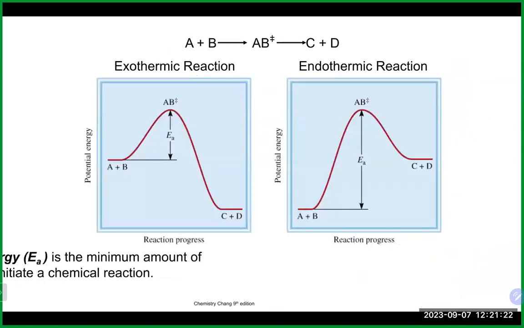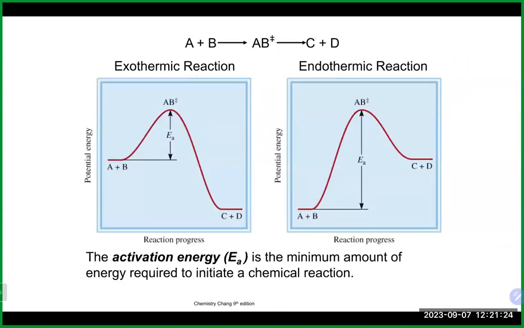So what we're going to talk about now is the relationship between temperature and rate constants and the rate. Before we get into that, let's talk about some important aspects of reactions in terms of energy, and that is exothermic and endothermic reactions. As we hopefully know, exothermic means we are releasing energy, and endothermic means we are absorbing energy.